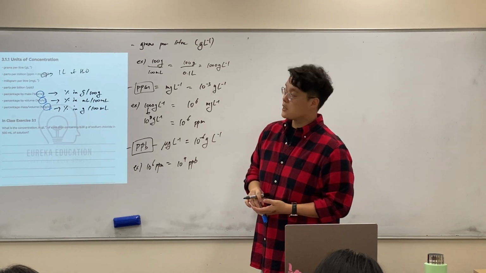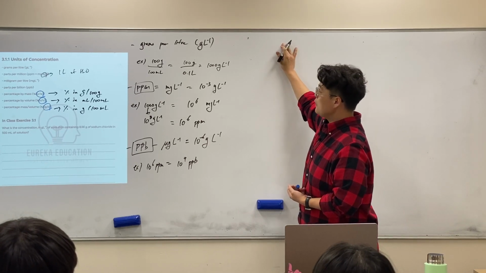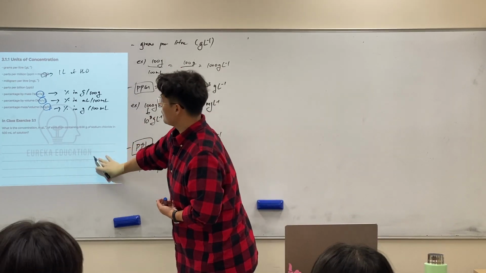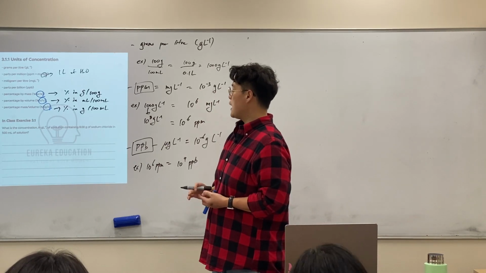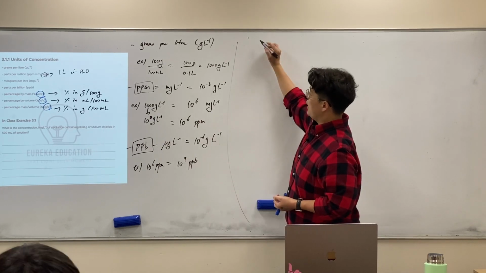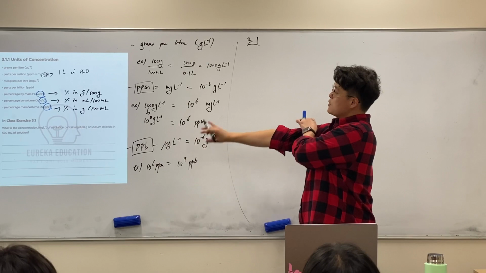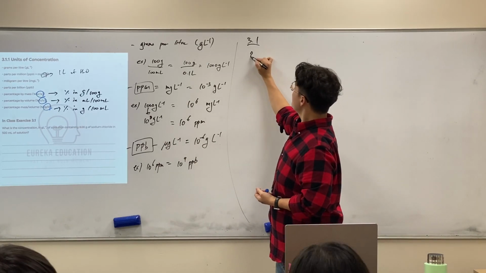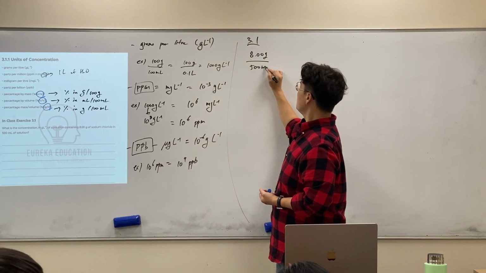So let's go through some of the example questions. For question 3.1: what is the concentration, in grams per liter, of a solution containing 8 grams of sodium chloride in 500 milliliters of solution? What we are given is 8 grams per 500 milliliters.